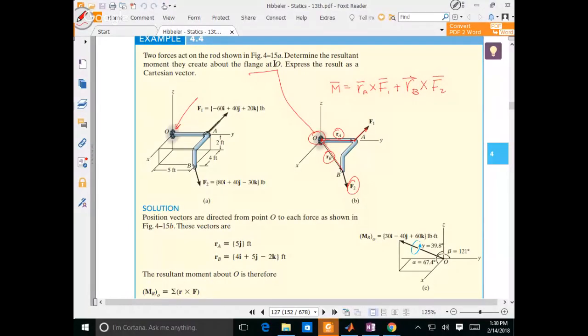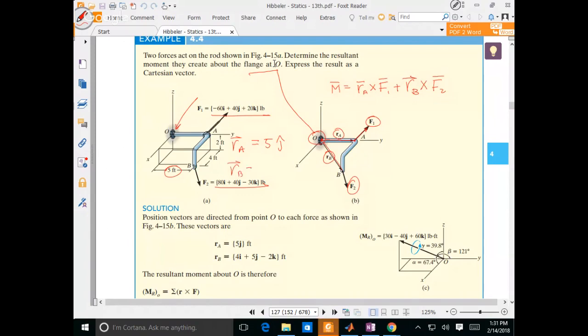Figure this out, and I can figure that out. I'm not going to translate or move things along the line of action. So, and he did. He gave you that. Now, I can tell you, you can go out and find RA pretty easy. It looks to me like it goes 5 out there in the J, and you're done. Now, the RB is a little bit different.